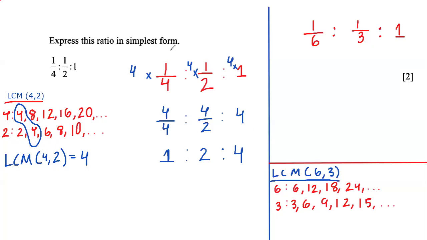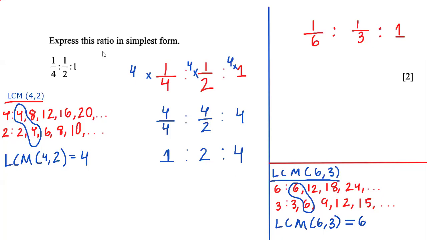Okay, so that means that the LCM, or the lowest common multiple, is going to be 6, because 6 could go into both of them, right? So the LCM of 6 and 3 is 6. Good.